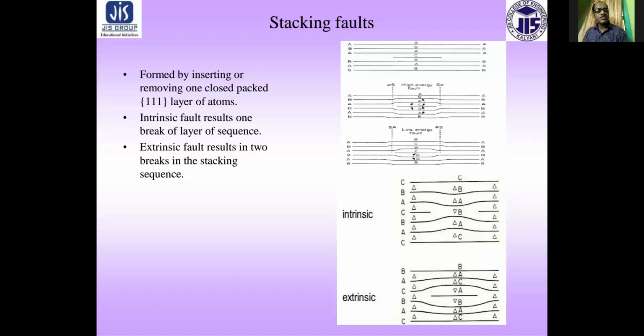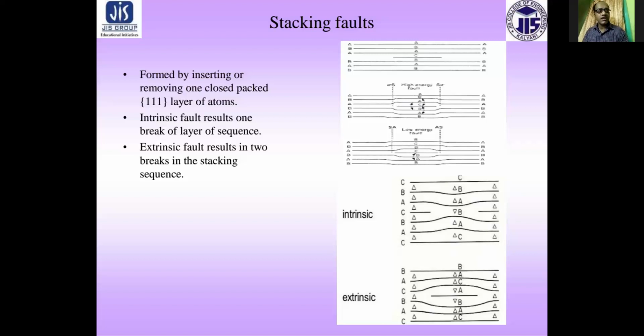For the FCC structure, the stacking sequence is ABC. The first two planes are stacked in a similar way to HCP, and the third plane, which is designated as the letter C, is stacked in a different manner than the first two.